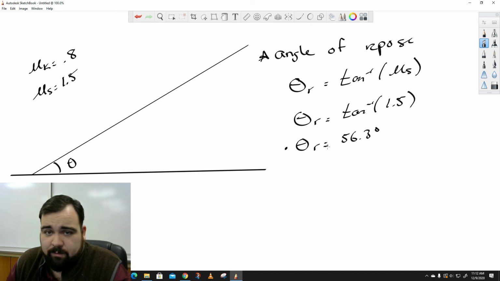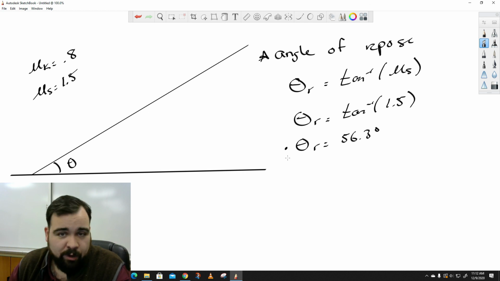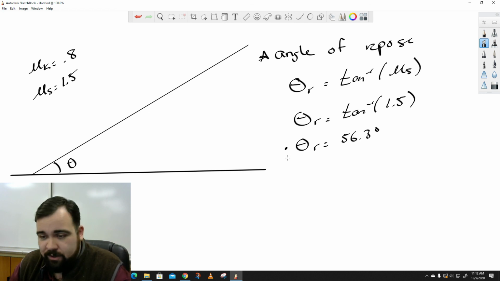And that's it. Maximum angle you can walk up is 56.3 degrees. As soon as the slope gets higher than that, the shoe is no longer going to be able to maintain static friction, and it's going to break loose and start to slide.